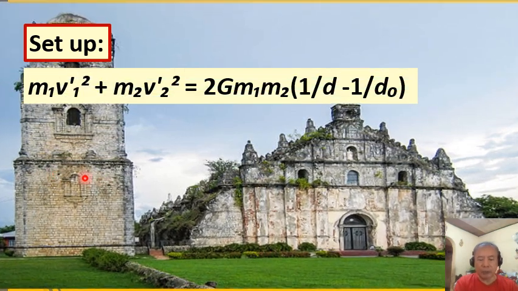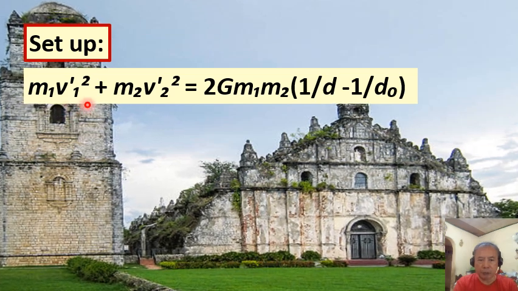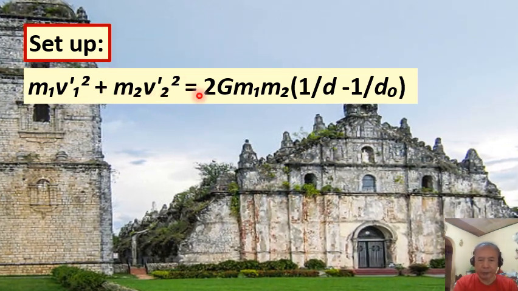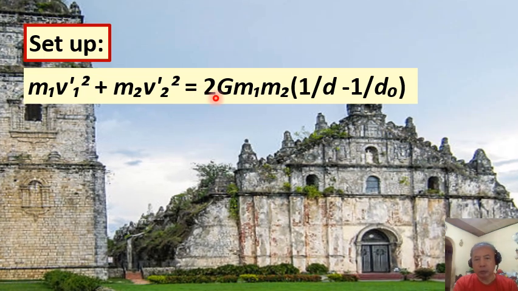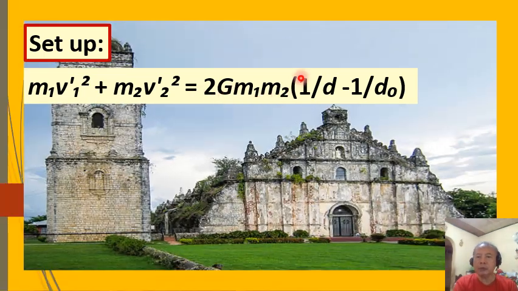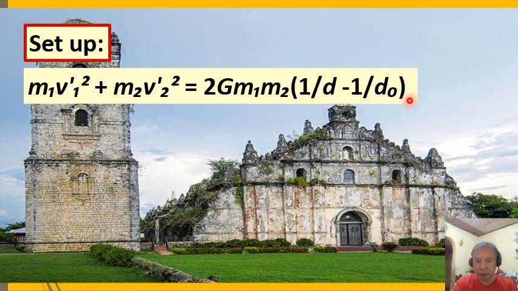Consequently, we come up with this equation: m1 b prime 1 squared plus m2 b prime 2 squared equals 2 times capital G m1 m2 times quantity 1 over d minus 1 over d naught.